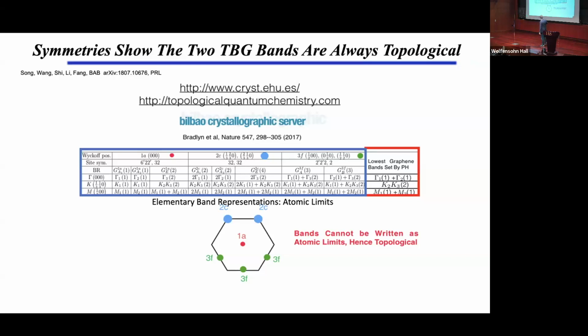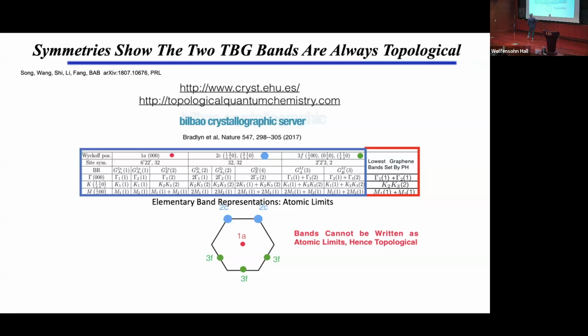Now look at our bands. Our bands in twisted bilayer have the following representation: gamma 1 plus gamma 2 at gamma, k2, k3 at K, m1 plus m2 at the m point. This bracket just tells you the dimensionality, so this is two-dimensional, so I have a Dirac point here. Basically you can see by just simple inspection that there's no way of writing these bands as a sum of atomic limits.